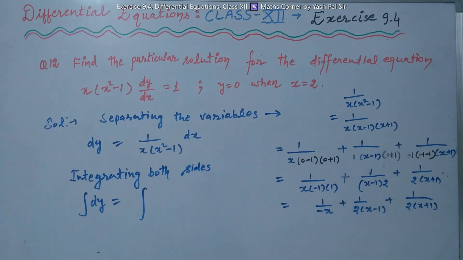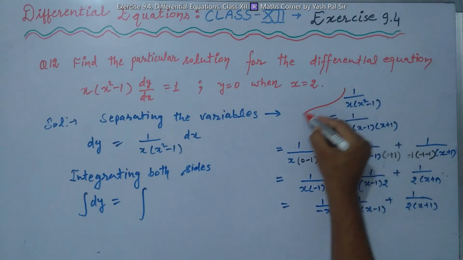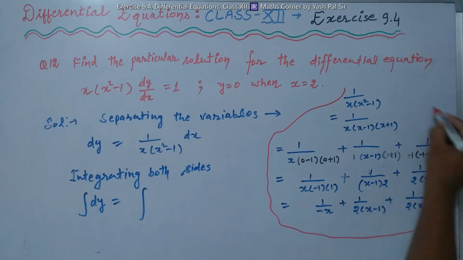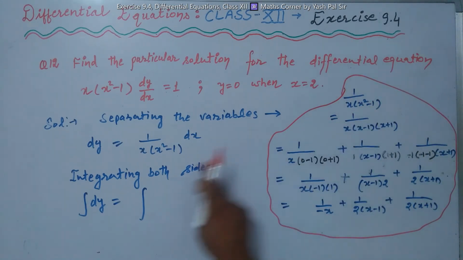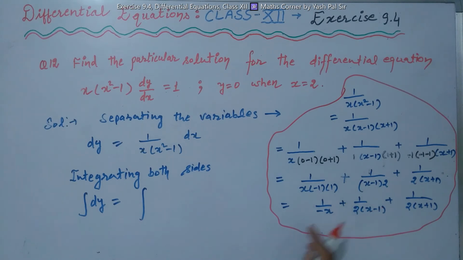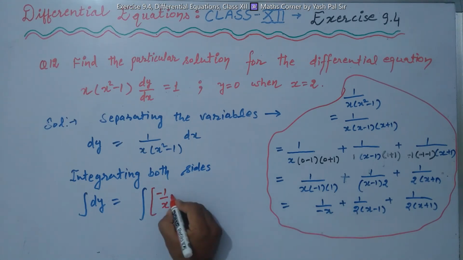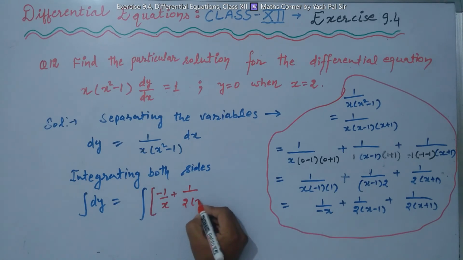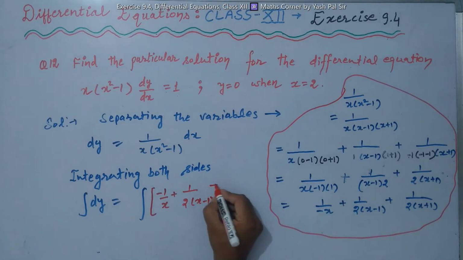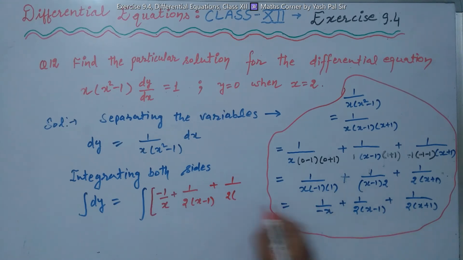So this whole we are writing as the value of 1 upon x into x square minus 1 here. This becomes minus 1 upon x plus 1 upon 2 into x minus 1 plus 1 upon 2 into x plus 1 into dx, right?